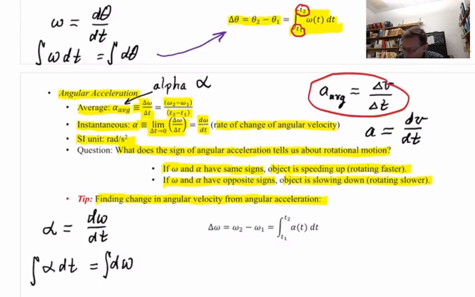And the result is over here. The finite change in the angular velocity, omega 2 minus omega 1, can be computed by integrating the angular acceleration from some initial time t1 to a final time t2, where those times will be determined by the problem we're solving. Okay? All right, so that's another useful thing to remember.